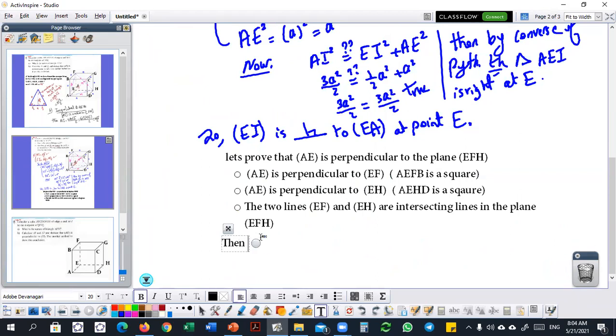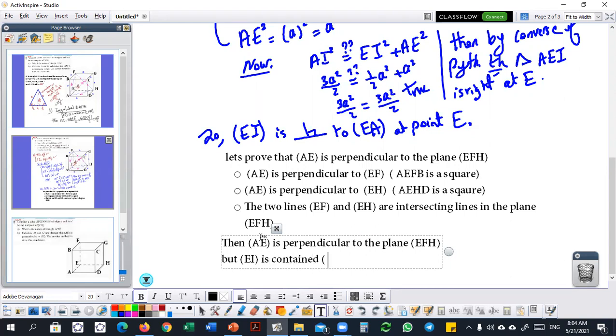Then AE is what? It's perpendicular to the plane. What is the plane? EFH. We add one line saying that EI is a line contained in the plane, or we can replace the word contained with subset. In which plane?